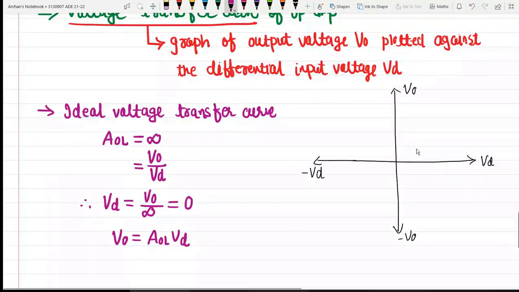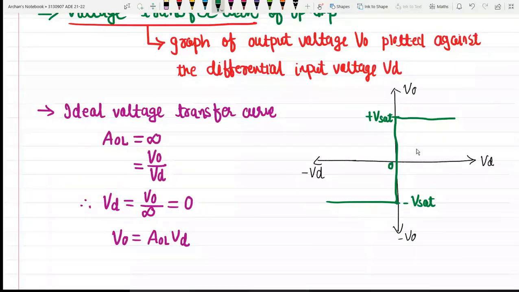We have two saturation voltages, the saturation voltage in the positive direction and the saturation voltage in the negative direction. So my voltage transfer curve would be something like this. From 0 it will increase to plus Vsat, and then irrespective of the value of VD it remains constant. Similarly, the case is with the negative direction.